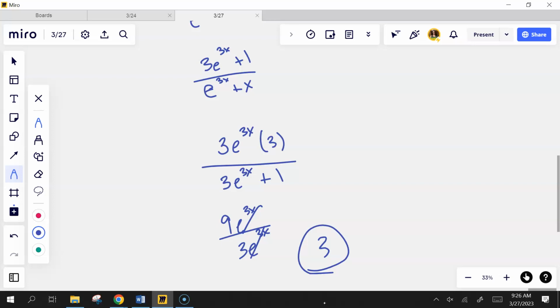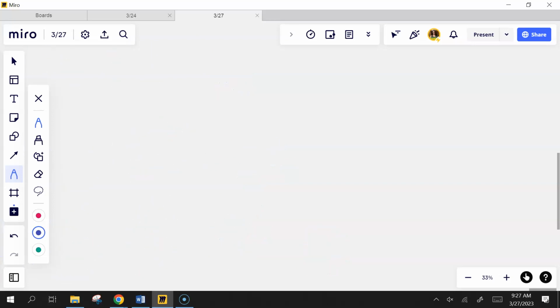How about 27? The graph of the derivative is shown in the figure above. Which of the following statements must be true?